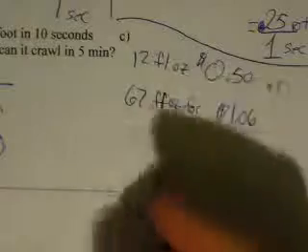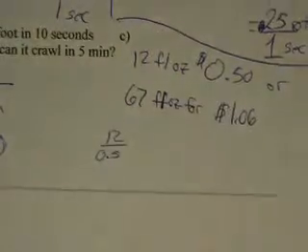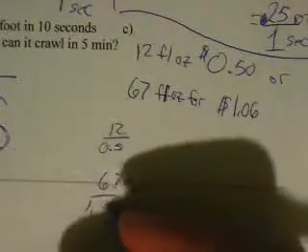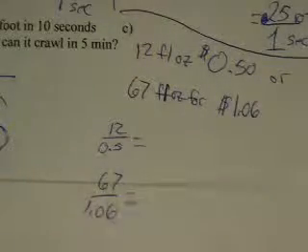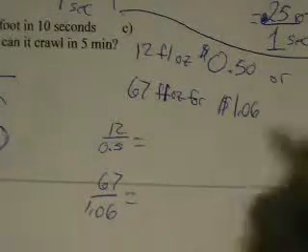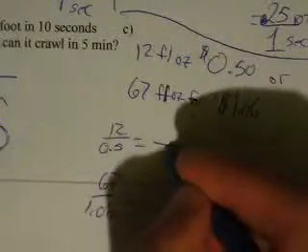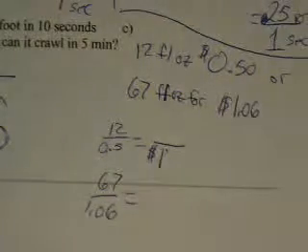Alright, let's see how we did. Unit rate for the first one, 12 over 0.5. Unit rate for the second one, 67 over 1.06. And hopefully already your brain tells you which one is better. But we continue the problem because Mr. Henry wants us to. Divide by 0.5, $1 of this will get you how much?